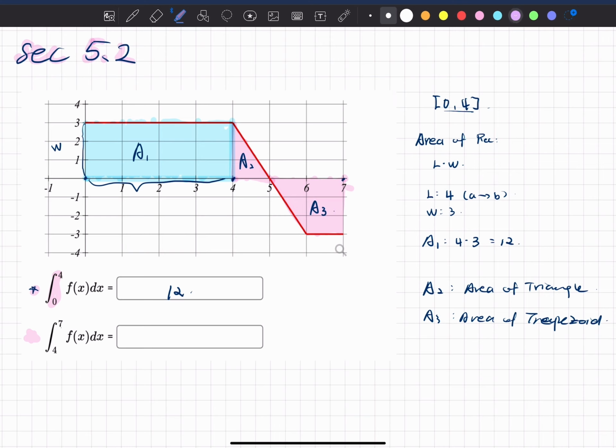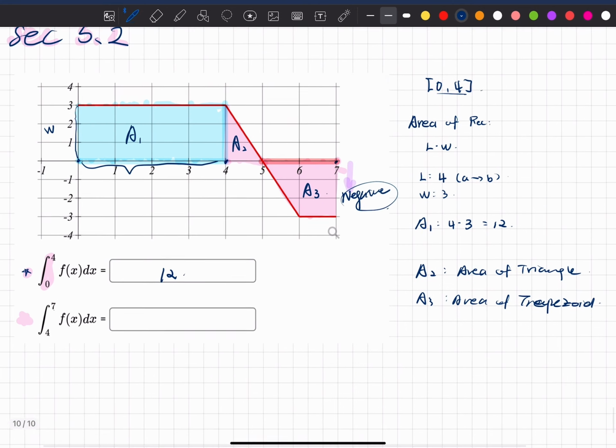But there is a very important point and tip: because the trapezoid occurs below the x-axis, the area for the trapezoid should actually be negative. This is a very important point that we have to be careful with.